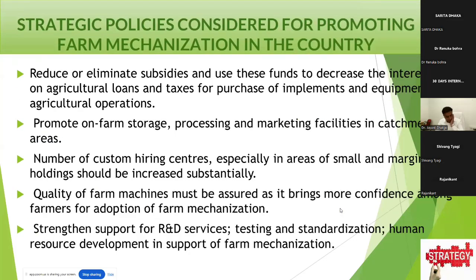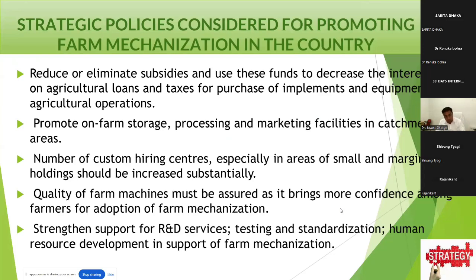So I conclude with some points after this discussion. Mechanization is essential for sustainable agricultural growth in India, but addressing affordability and accessibility issues can ensure the inclusive growth of Indian agriculture.